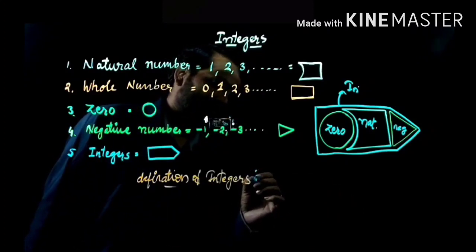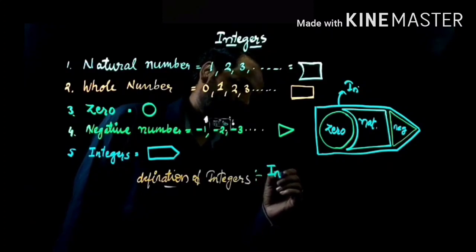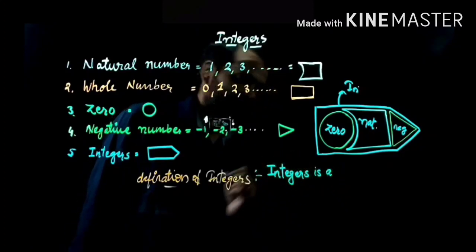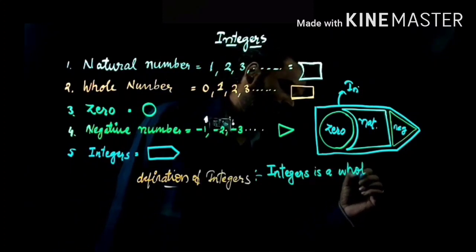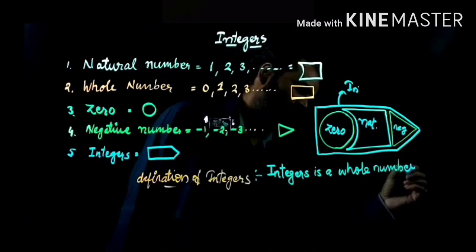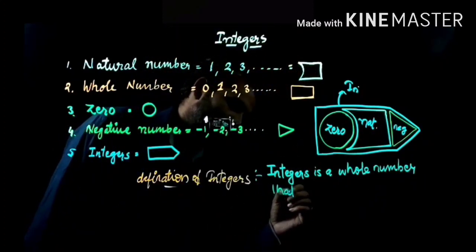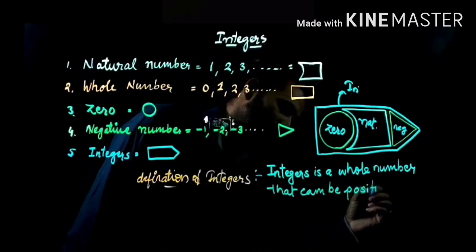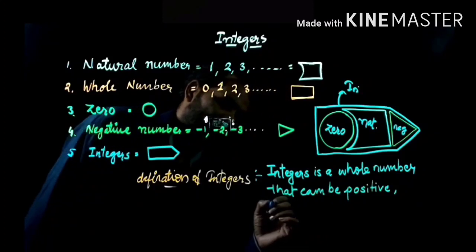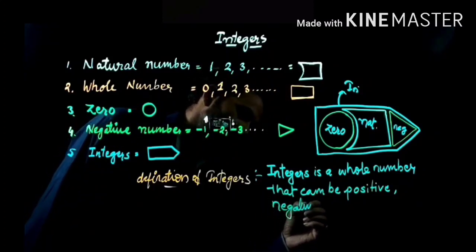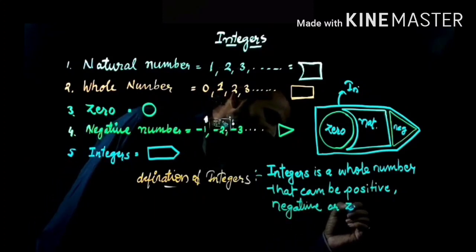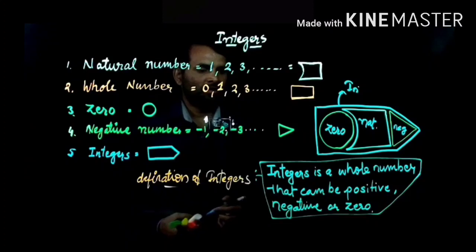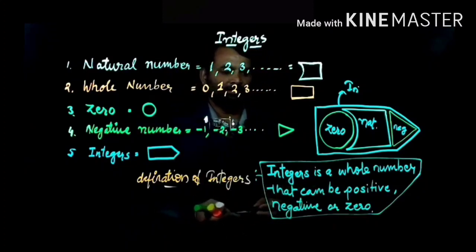Write this in your fair copy: integers is a whole number that can be positive, negative or zero. This is the definition of integers.